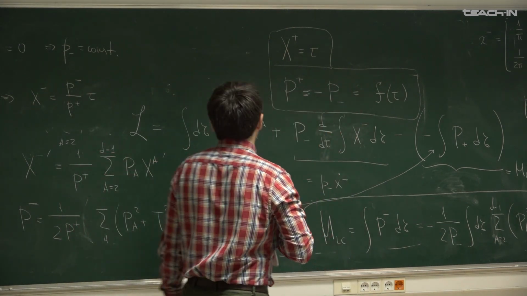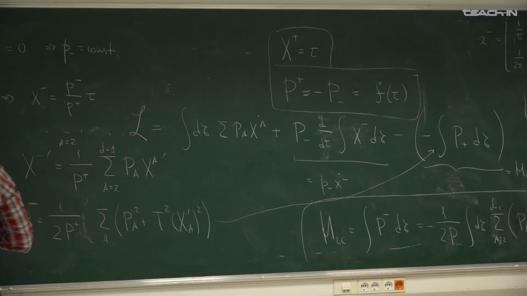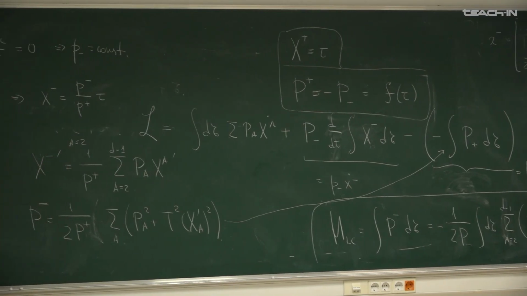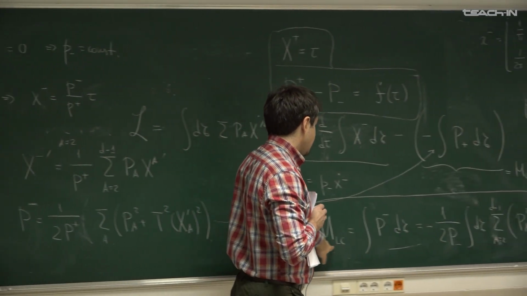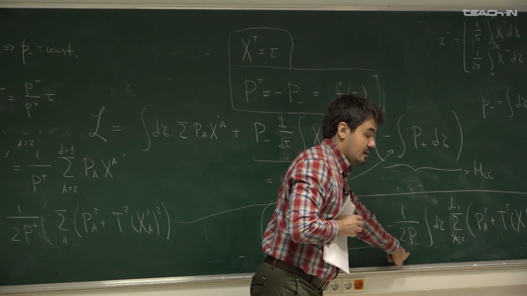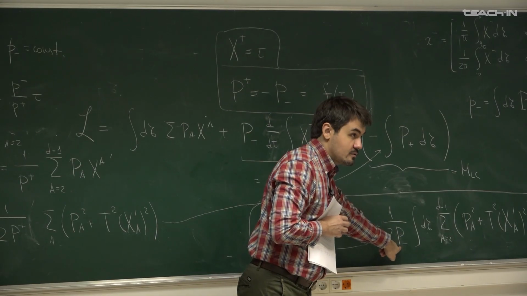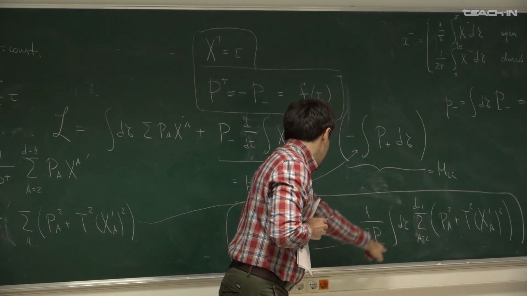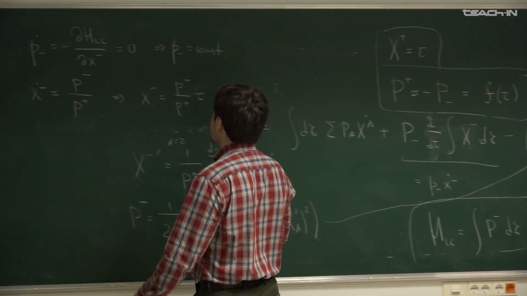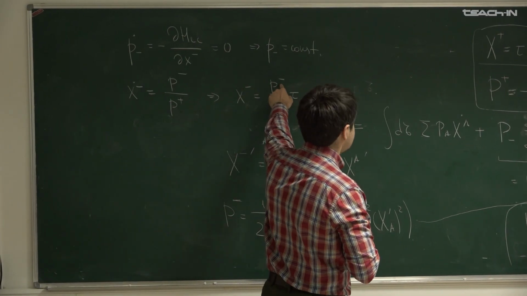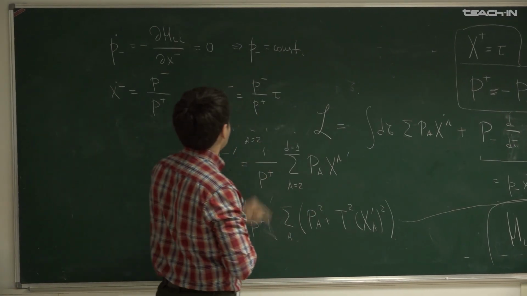Yes. So, I hope you understand this formula, right? I differentiate the Hamiltonian with respect to p minus. I get minus 1 over p minus squared. And what was here was p lower plus or p upper minus.